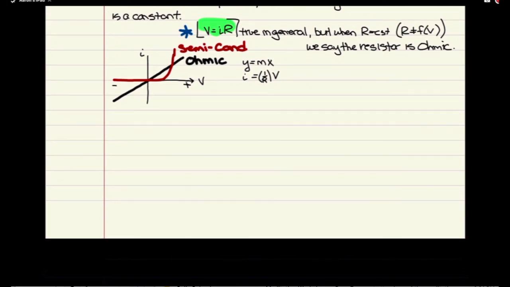And just to motivate what's coming, we can talk a little bit about power. Suppose you have some device, like a resistor, that's hooked up to a battery source.